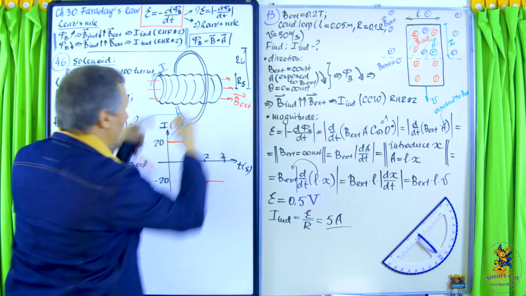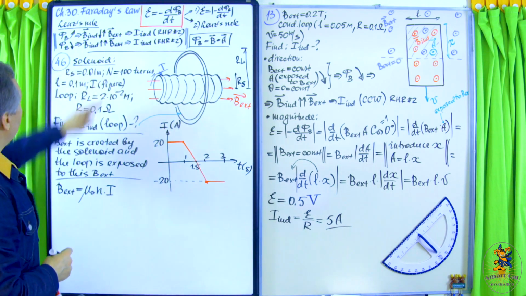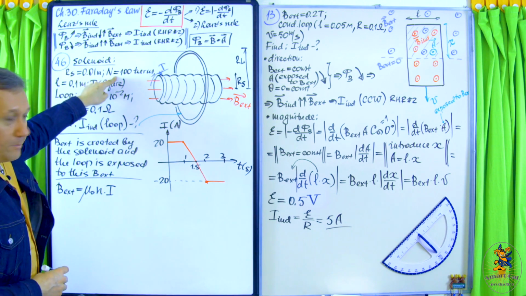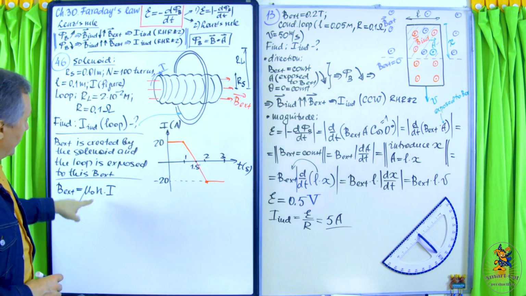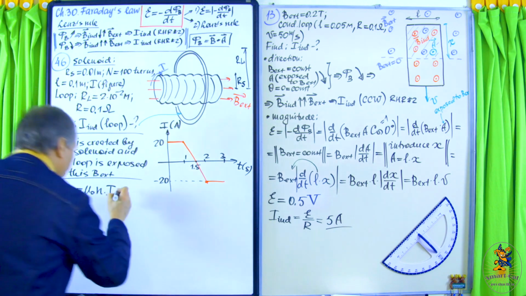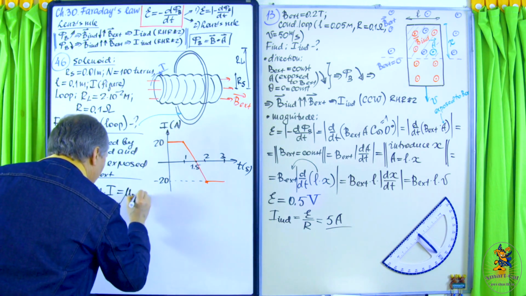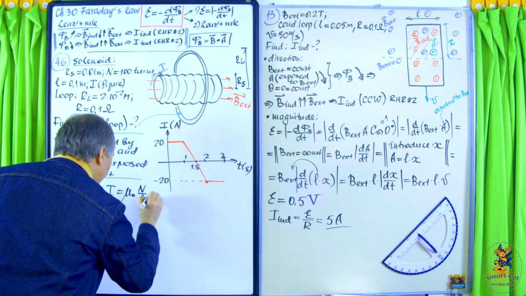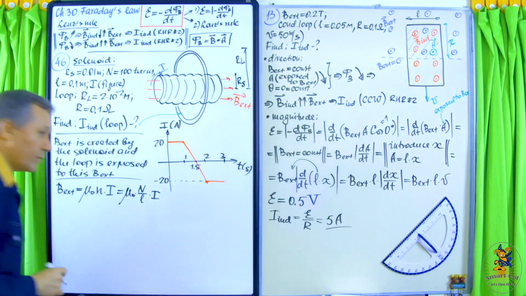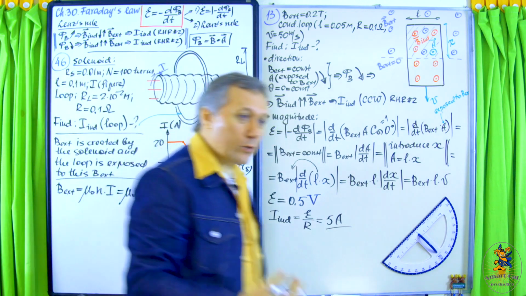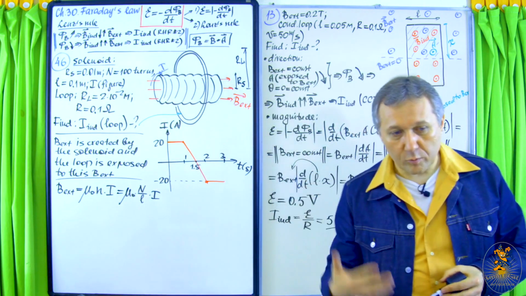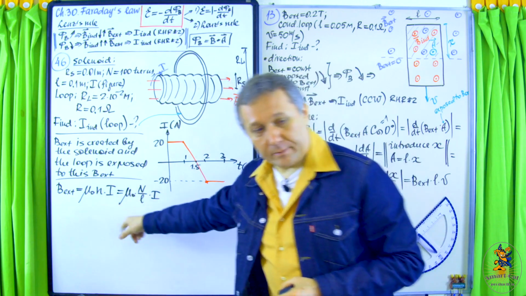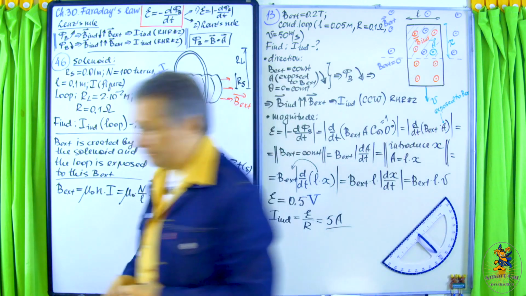The number of loops in the solenoid is given, the length is given, so N divided by L is n small. So mu naught N divided by L times I. Since I knew we're going to use this expression a lot, I asked you to derive this formula in your homework, so it should still be fresh in your head.